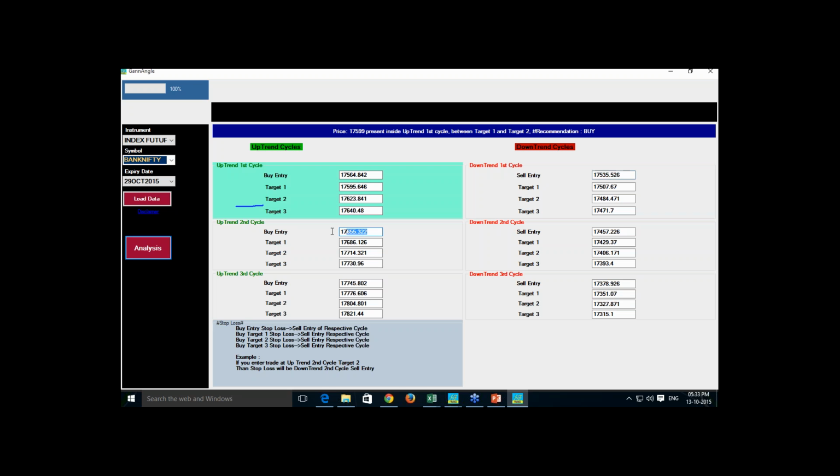Once it crosses that 655, it will enter the second cycle. Then you have to recalculate and get the stop loss for the second cycle. Each time it enters a different cycle, the opposite cycle's entry point will be your stop loss. This is how you should trade in the GAV software.